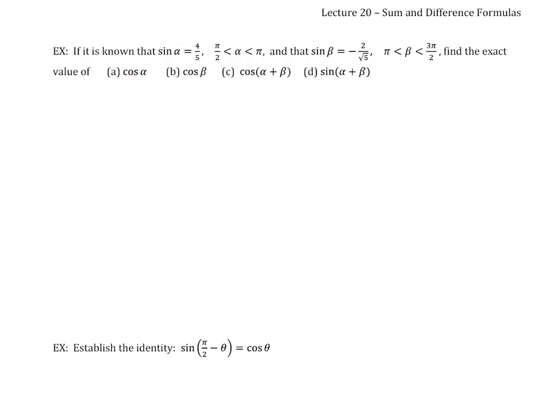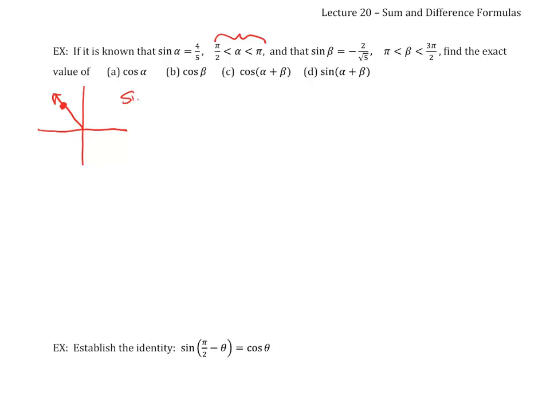If sine of alpha equals 4/5, we know that because the sine is positive, it's going to be in the upper half plane, but this right here tells us that it's in the second quadrant. Okay, so we got some point over here in the second quadrant.